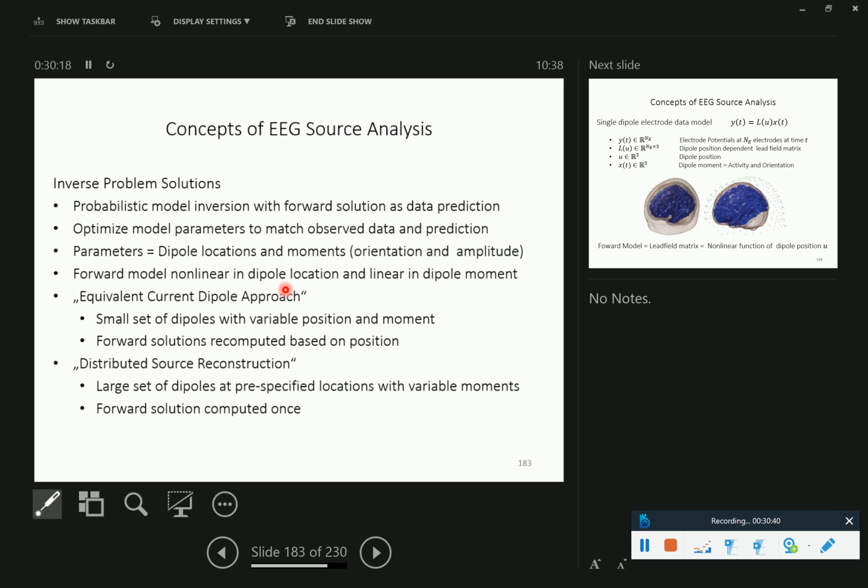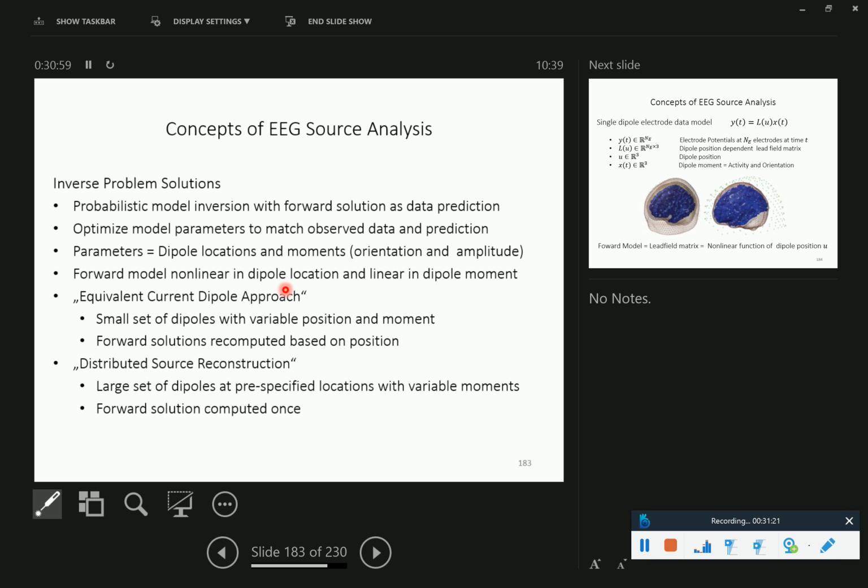The other option, again, is the distributed source reconstruction, where you have many dipoles, but you actually have too many for the amount of data that you have. Here you only need to compute the forward solution once, because you have computed it essentially for every place in the brain. You could, of course, also do that in the current dipole approach, compute it once and then always look it up if you're at a different position. The problem with the distributed source reconstruction is that you have more parameters in terms of moments of the dipoles than you have data points. So this is why you need constraints there.